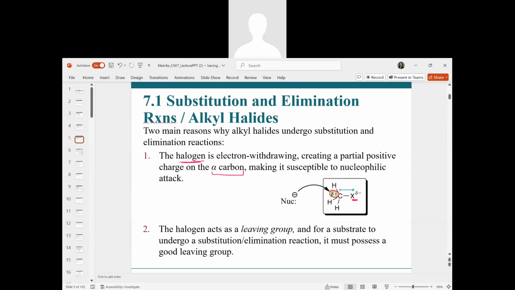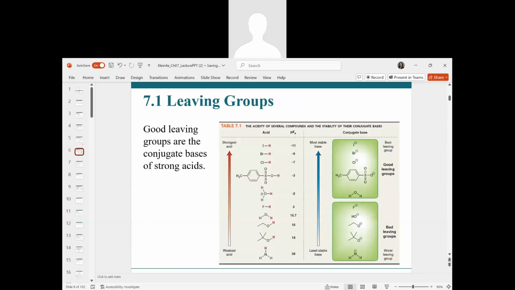So that is then going to be an electrophilic site which would be susceptible to nucleophilic attack. The halogen also acts as what we call a leaving group for our substrate to have both this substitution and elimination reaction. So that X group must be a good leaving group for this to occur.